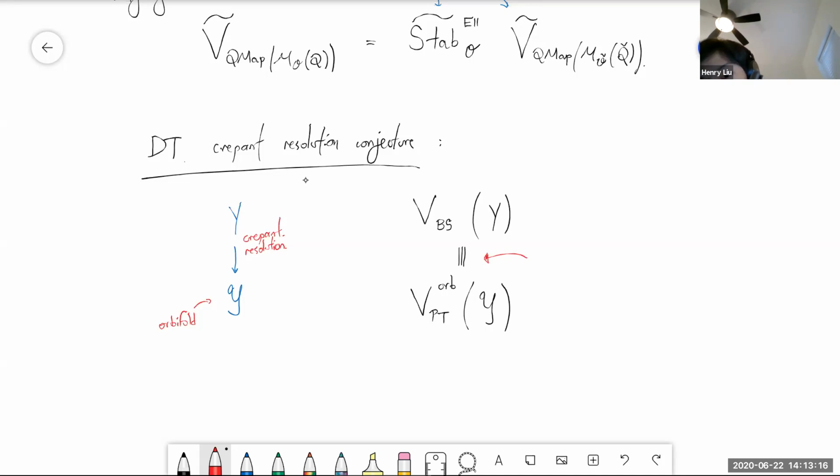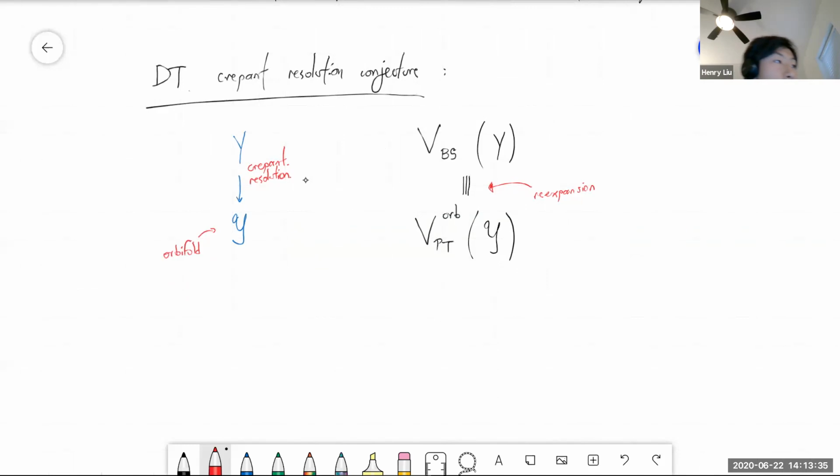Maybe here, let me just write re-expansion. In the literature, you'll often see people say that these are equal as rational functions. Let me not say too much more than that.